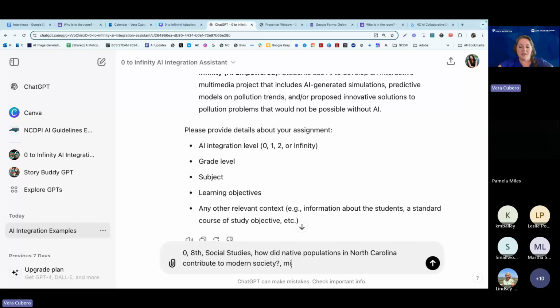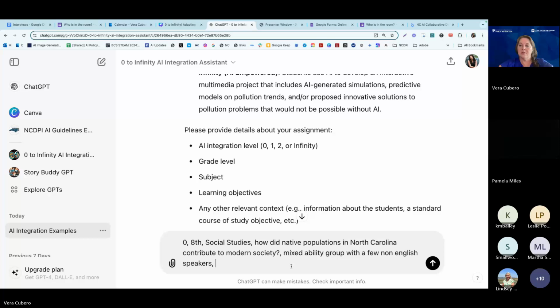So I'm going to say it is a mixed ability group, with a few non-English speakers, several learning disabilities. This was my typical group. I don't know about you, but also some high flyers, I'll just call them.